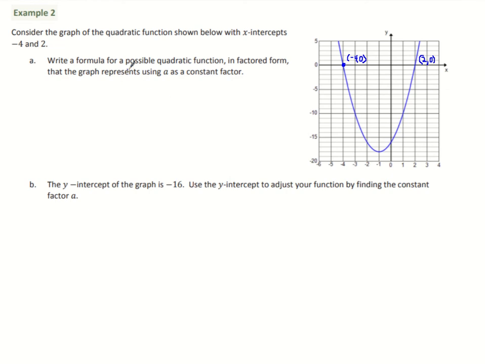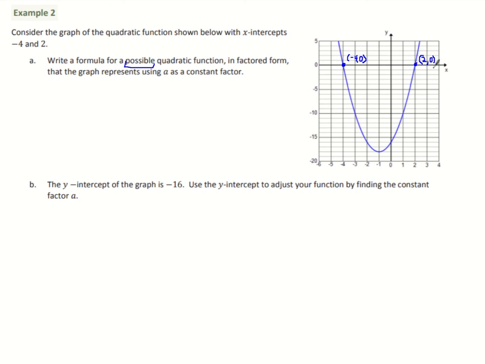Now, here's the thing. Remember, it's saying a possible quadratic function here because we can't write the actual function yet because we don't have 3 points yet. Right now, we only have talked about these 2 points.